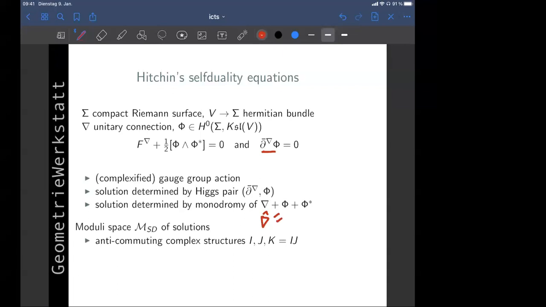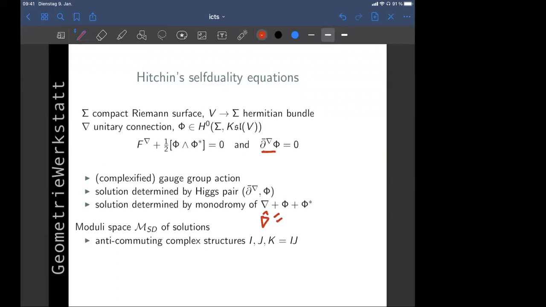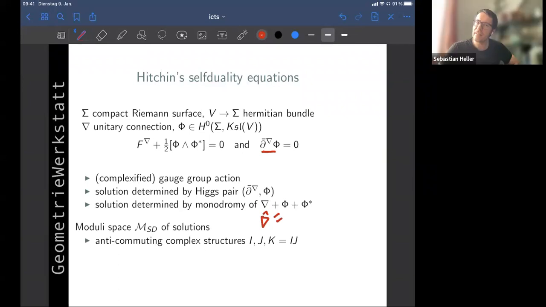So the del bar nabla phi equation is like a covariant derivative? It's a covariant derivative for the connection as well as the metric or something like that? I mean, it's the 0-1 part of a covariant derivative, at least on our Riemann surface. So phi is a 1-0 form, right?